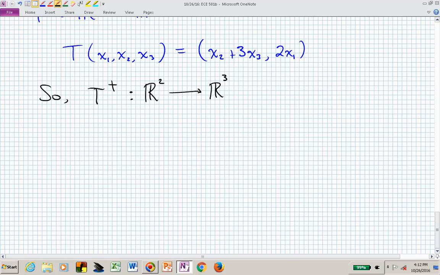So let's now try to create T dagger. We've already been given the linear map T. Once we've been given that, let's find T dagger.